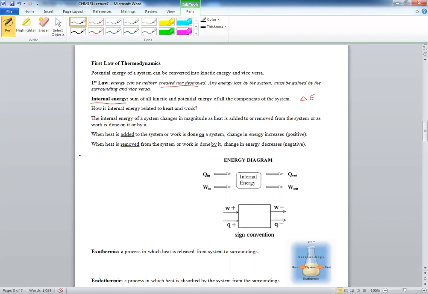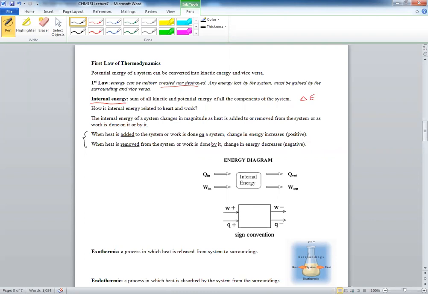Okay, so what does that all mean? Here is what you need to remember. When heat is added to the system or when work is done on the system, the change in energy increases. It becomes positive. I mean, think about it. If you add heat to the system, it gained heat, right?